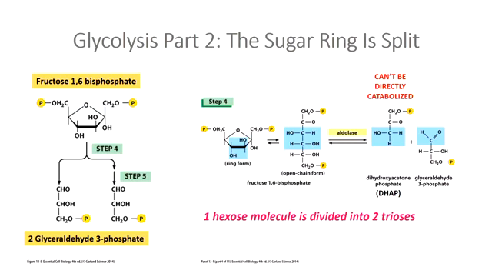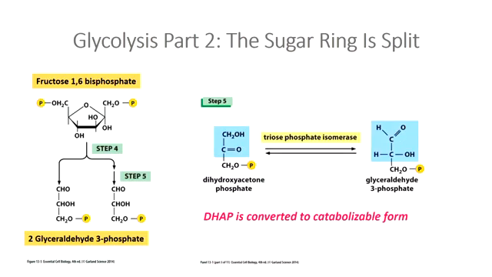Happily, interconverting aldehydes and ketones is not that hard. And that's what's going to happen. Another enzyme that carries out an isomerization reaction is going to grab the dihydroxyacetone phosphate, the ketone of our pair of 3-carbon molecules here. And it's going to convert that keto group to an aldehyde group.